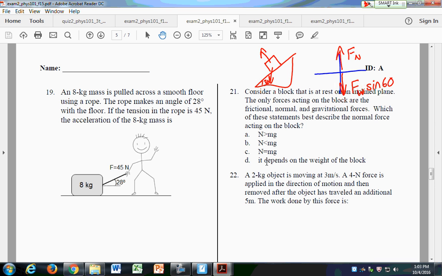And a sine or a cosine is always 1 or less. So a sine is always less than 1, unless it's 90 or 270. And so the normal force will be less than the weight, because it has this extra little component in it. Right, the normal force is less than the weight.